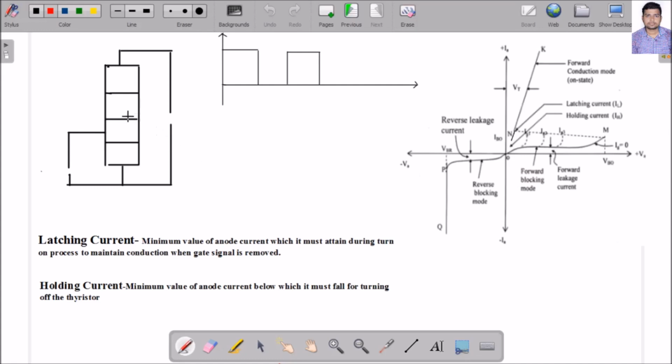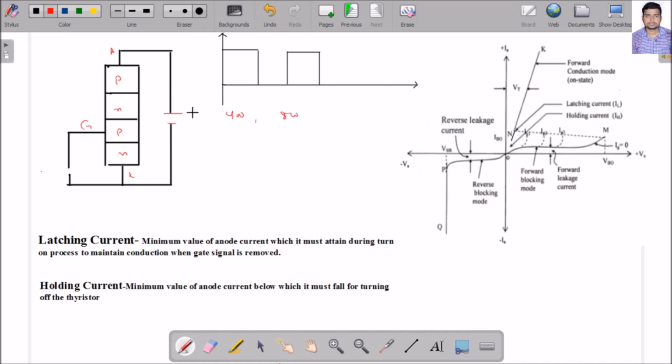Suppose this is my thyristor: anode, cathode, and gate. I have a PNPN structure. When anode is positive with respect to cathode and cathode is connected to negative, it is the forward blocking condition. I can turn on the thyristor by increasing the voltage up to VBO, but a general thyristor of 400 volt requires a VBO of 800 volt.